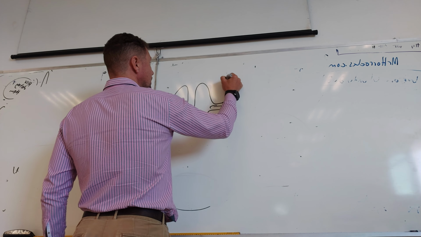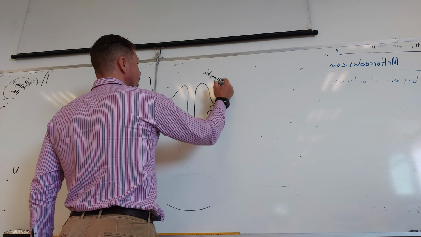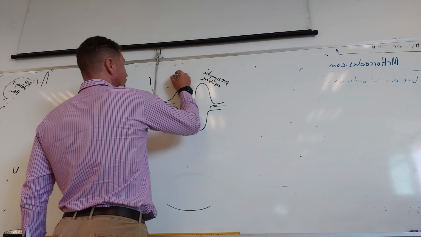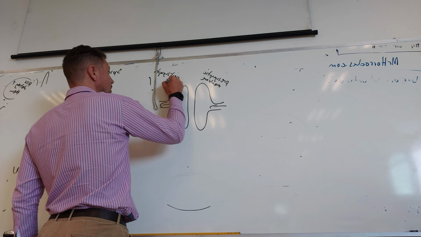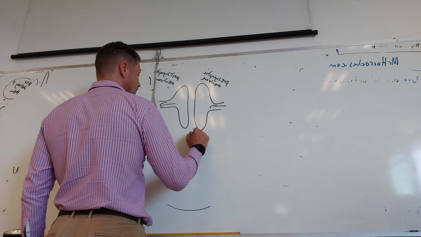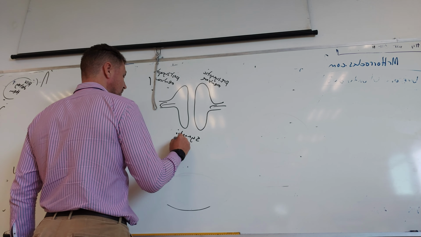So you've got the pre-synaptic cell here, or the membrane, which is the end. You've got the post-synaptic membrane. And the impulse has to somehow jump this gap, okay? This gap which is called the synaptic cleft.